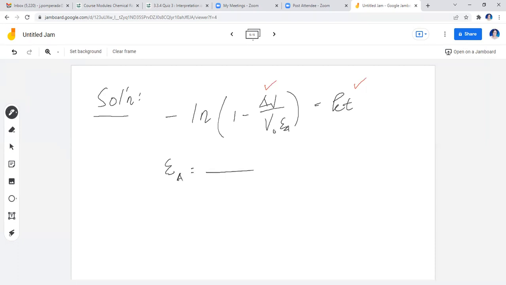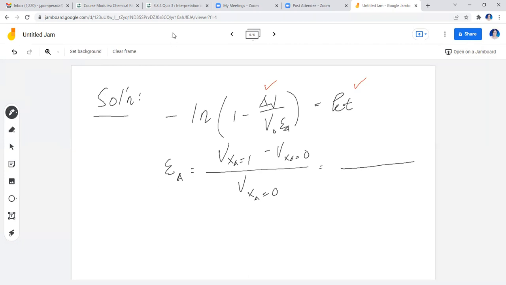So your epsilon A here, volume at 100% conversion minus volume at 0% conversion over volume at 0% conversion will be solely dependent on your stoichiometry. So there's no need for you to do the ratio thing that we have done in the first example.